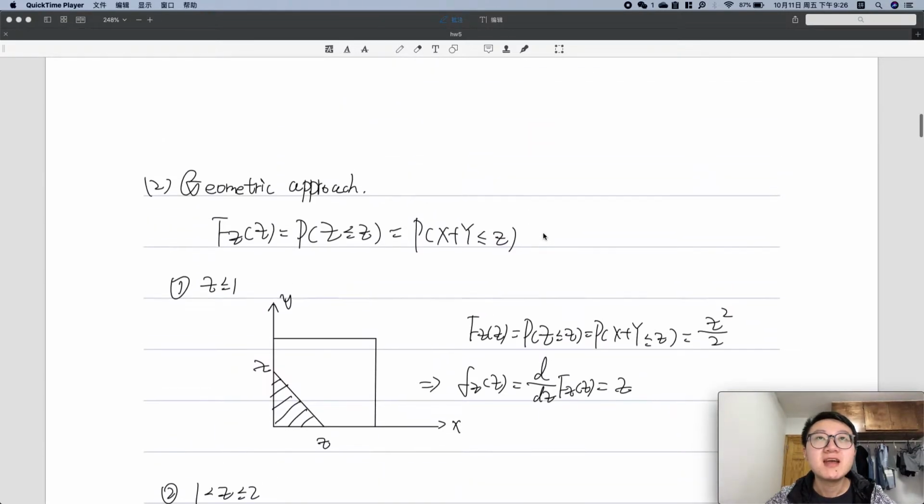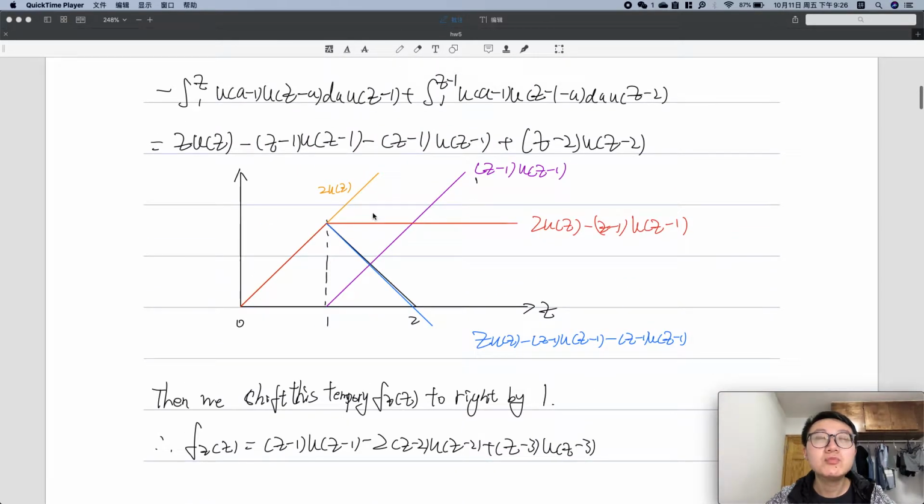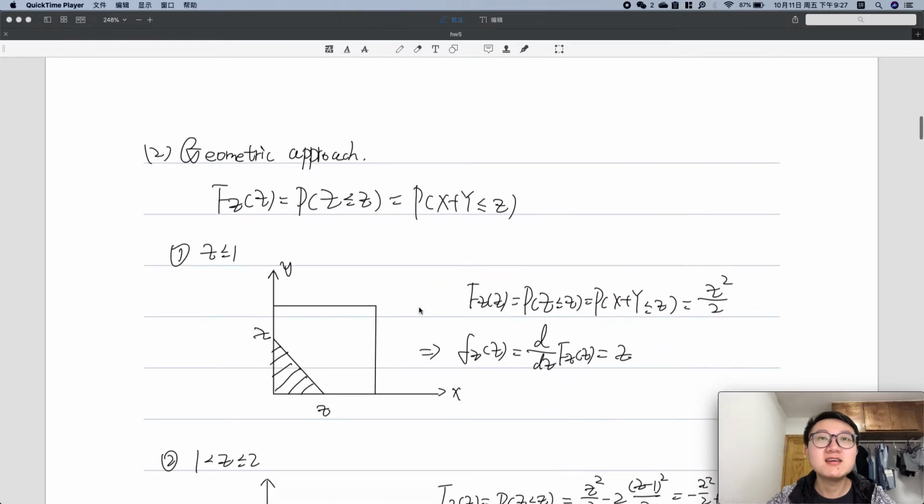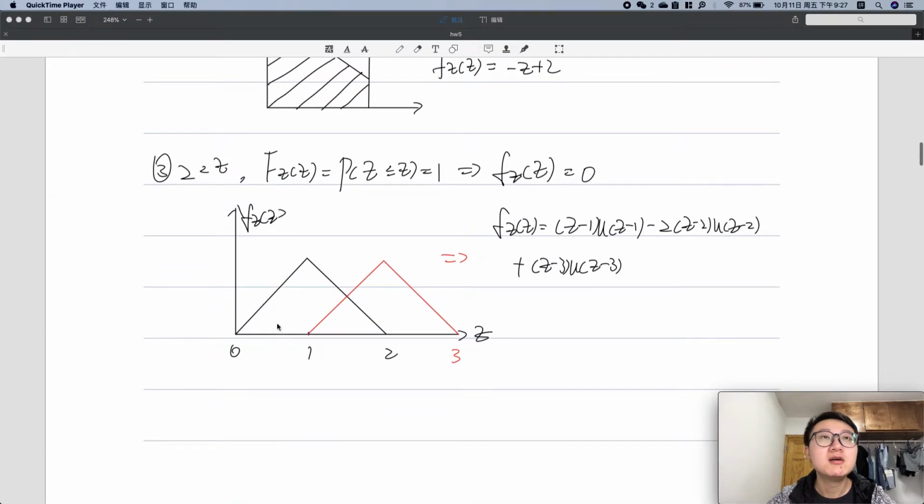Actually, when we calculate with the first method and put all the images together, we get the distribution function image just like this, and it is similar to what we get using the second method.